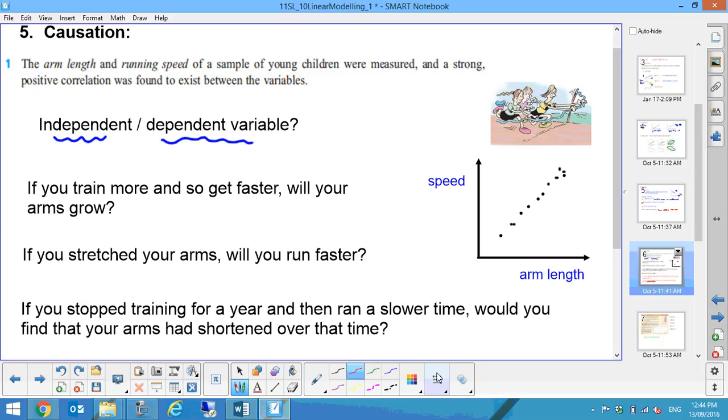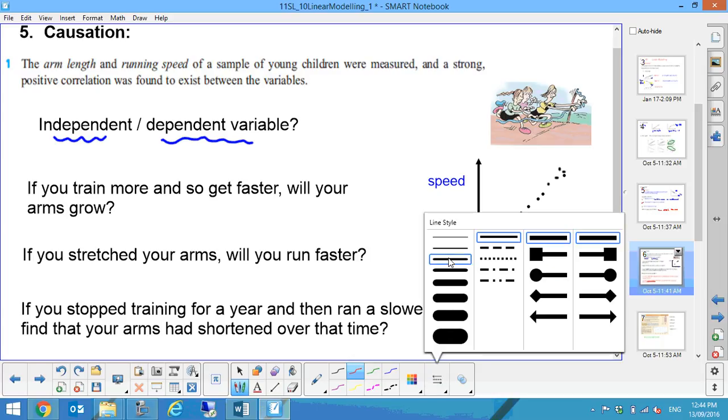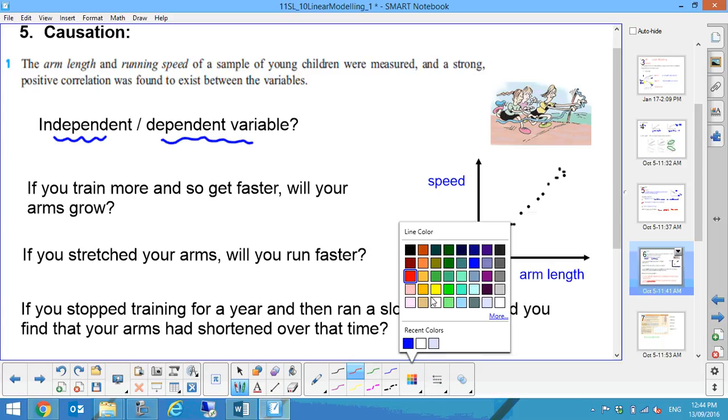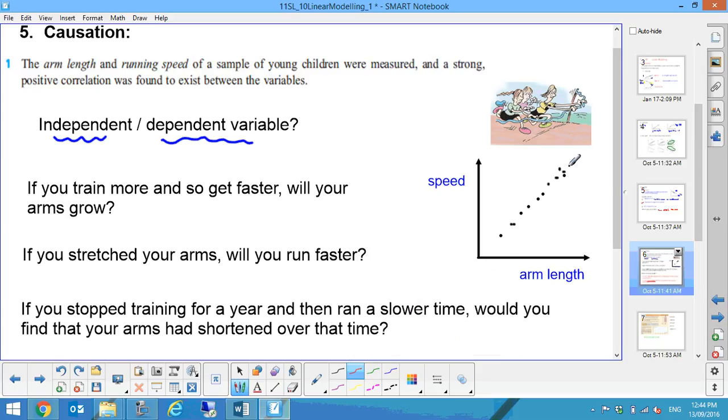Oh, let's even go with a line. That one, and we'll get some colour happening. So, that didn't give me my line. Okay, nice straight red line. So that implies we've got a strong positive correlation because it's a positive slope and the data is really close to the line.